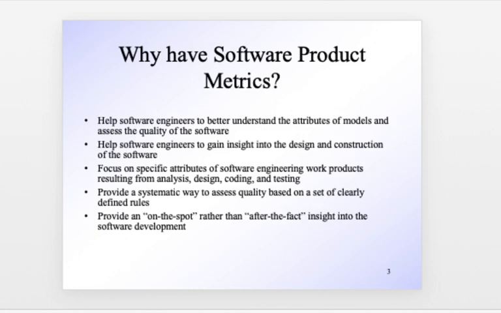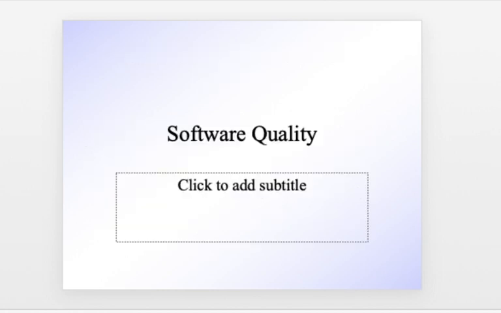Software product metrics provide a systematic way to assess the quality based on a set of clearly defined rules. So, these kind of metrics provide on the spot rather than after the fact insight into the software development. And this shows why software product metrics are important.